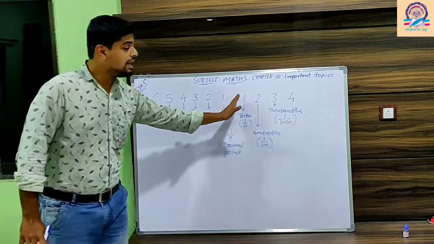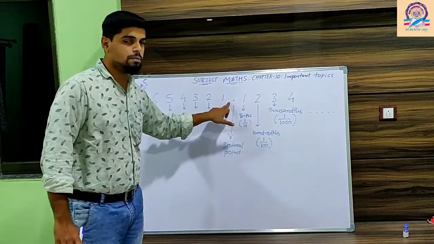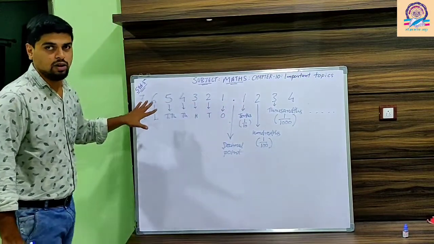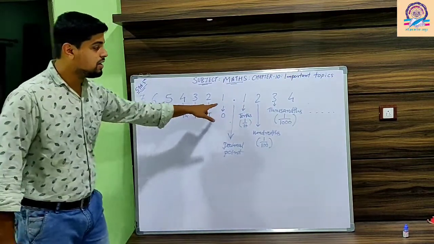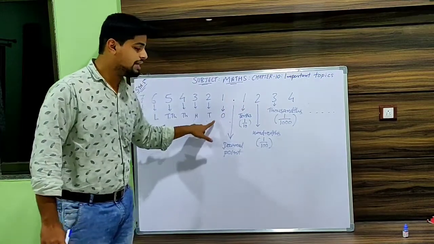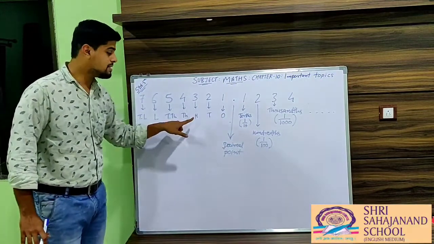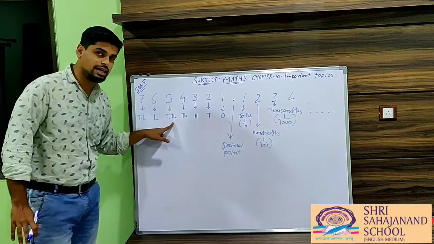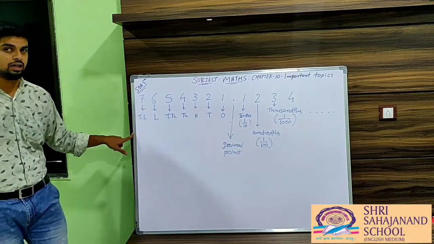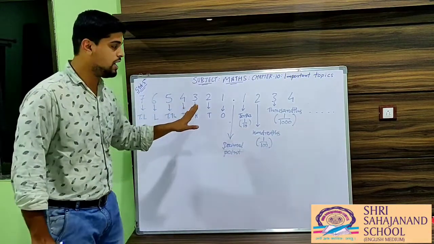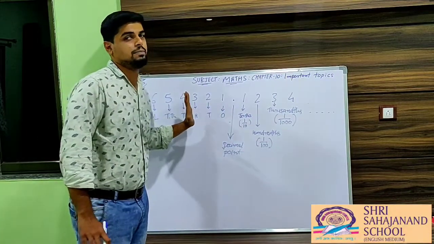On the left hand side of the decimal point, we have already studied the different places. The first is ones, then tens, then hundreds, then thousand, 10,000, lakh and 10 lakh. We have already learned that, on the left hand side of the decimal point.